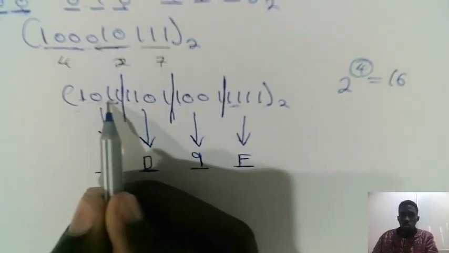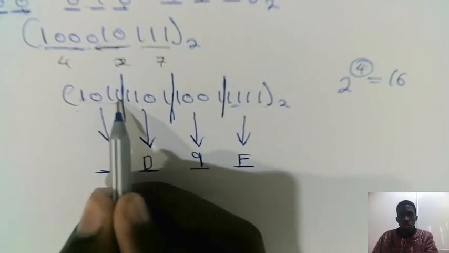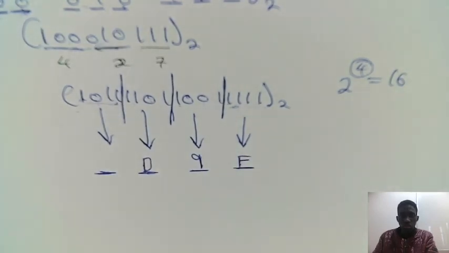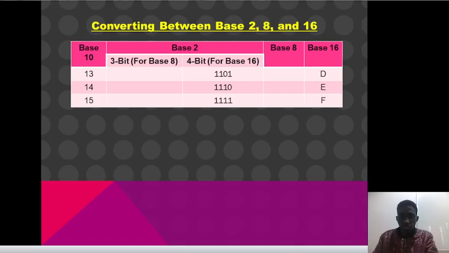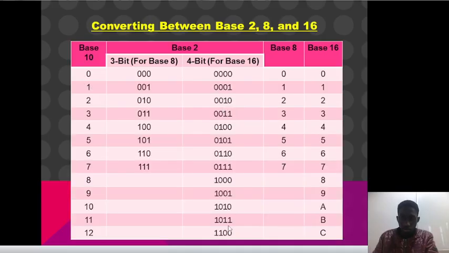And finally 1011. We've got to check the equivalent in base 16. Here we are, 1011 corresponds to B in base 16.